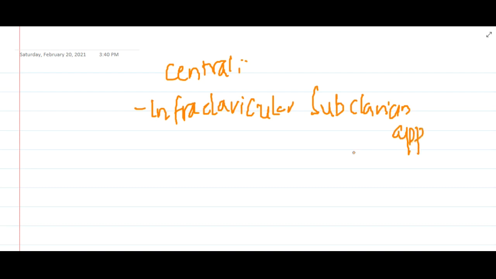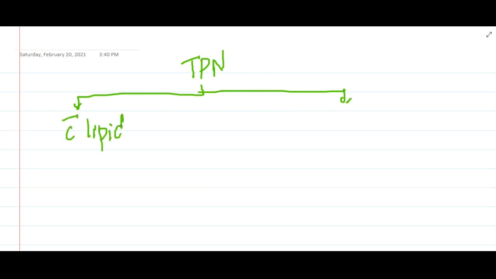Okay, now let us see the total parenteral nutrition formulations. Total parenteral nutrition is of two types. Two types of formulations are available: solutions with lipids and solutions without lipids. First we will see solutions with lipids.